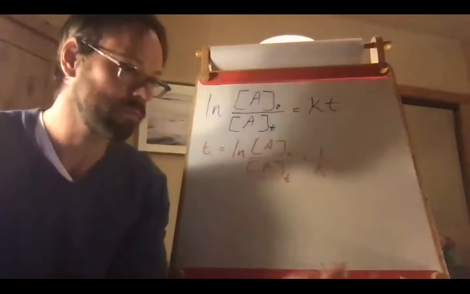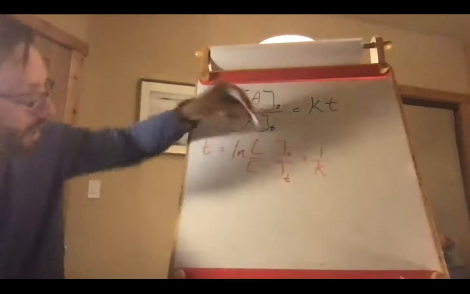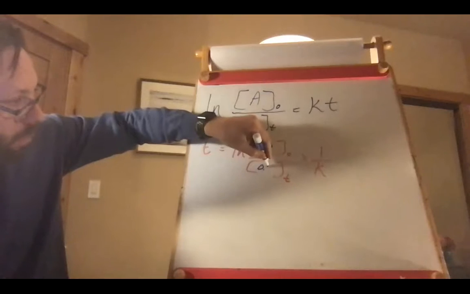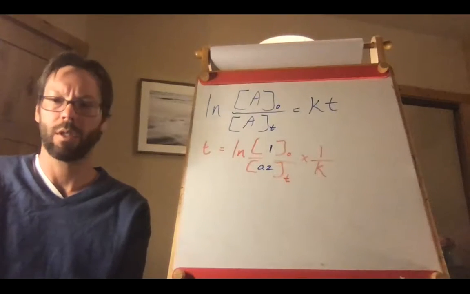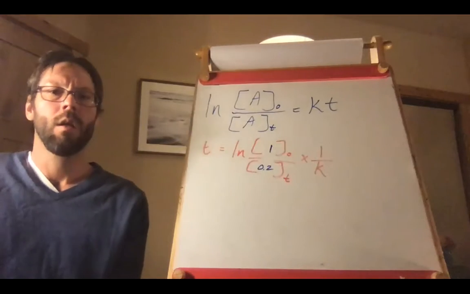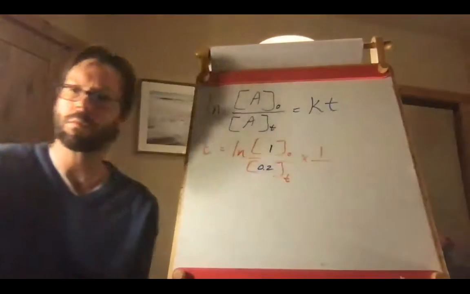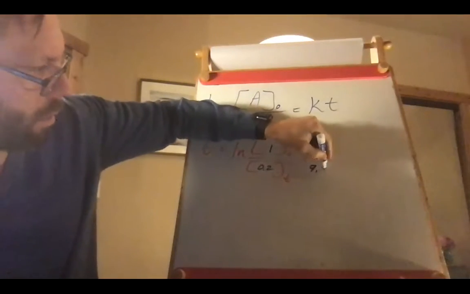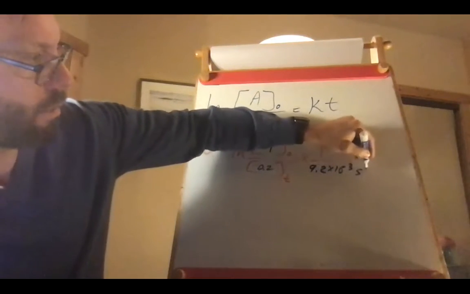So for simplicity's sake, let's just put 1 here and 0.2. Okay, because 0.2 is 20% of 1, right? And then the k was 9.2 times 10 to the negative third per second.